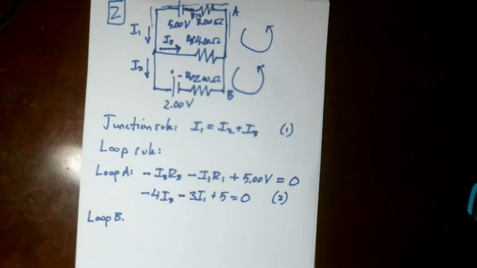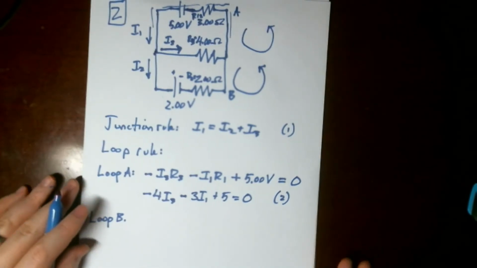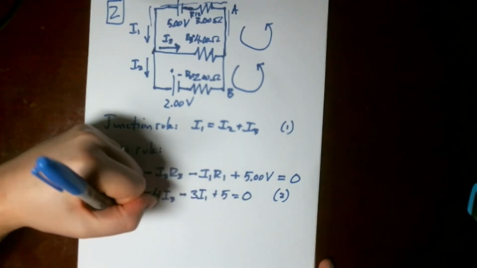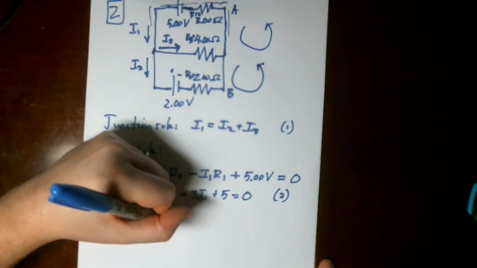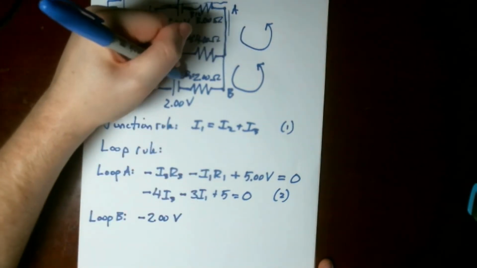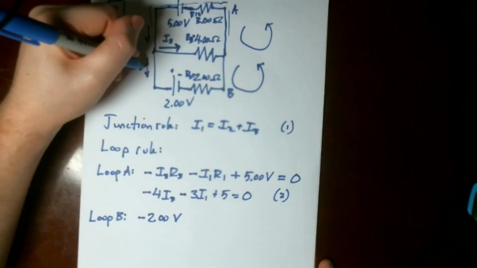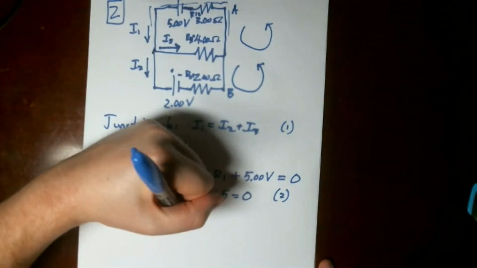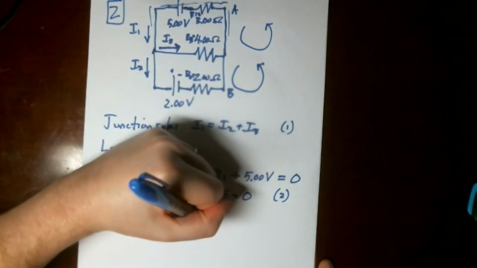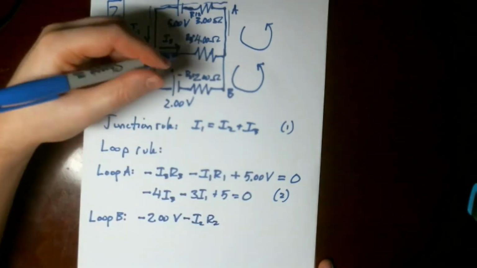So instead of gaining 2 volts, we lose 2 volts, so I'll write down negative 2 volts. Now we go through resistor 2 of 2 ohms. Since we're traversing in the same direction as current 2, we get minus I2 R2.